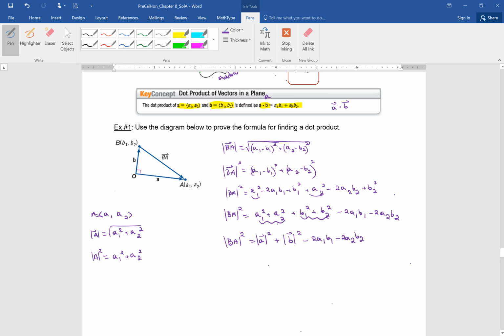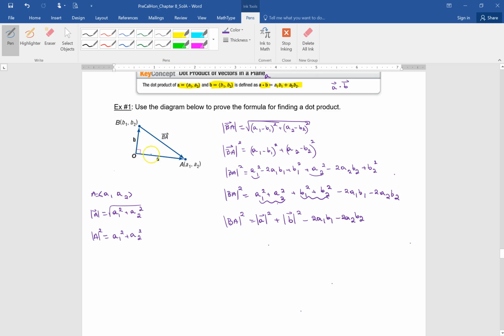Now, is this a right triangle here? Yes. So if you wanted to use the Pythagorean theorem on this, what would it be? The magnitude of A squared plus the magnitude of B squared would give you the magnitude of BA squared. Oh my God, that's actually so cool.